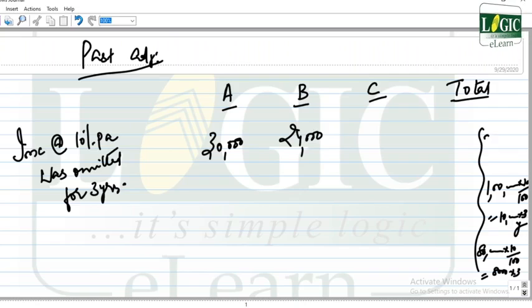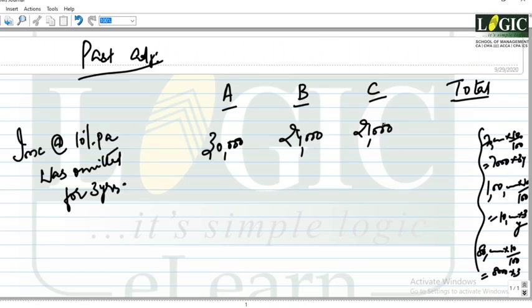And for 70,000 at 10 percent, 7,000, for 3 years that is 21,000. So totally how much? 30 plus 24 is 54, plus 21 is 75. 75,000 was omitted by way of interest on capital.